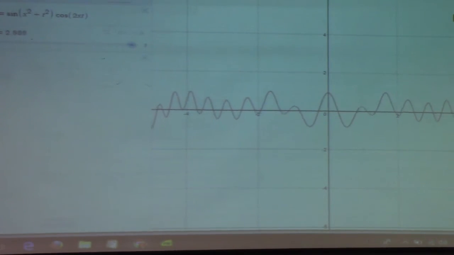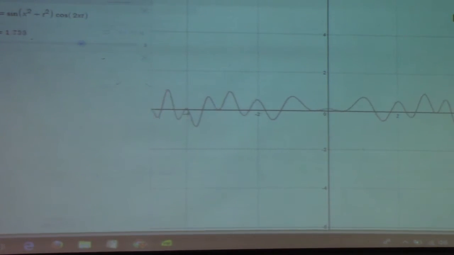No square. So that's my sine of u. Cosine of t or minus t, pick your poison. x squared minus t squared, I guess.